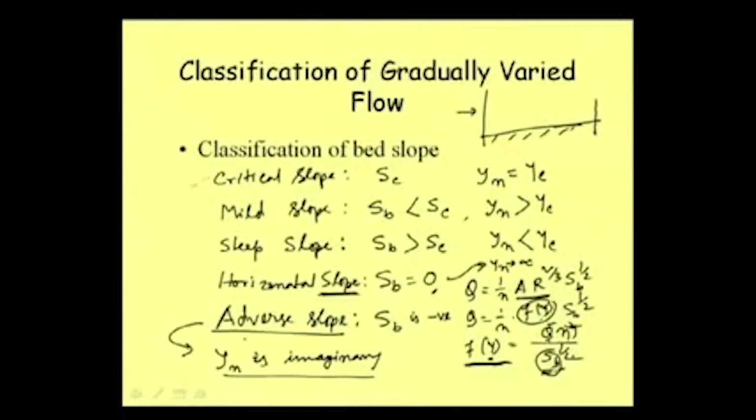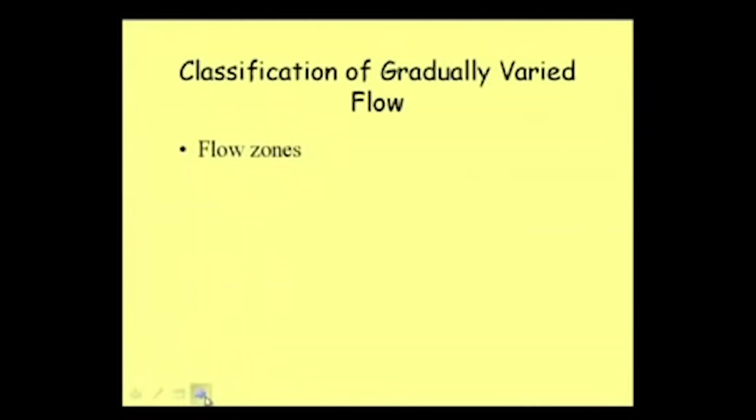Well, now with this basic understanding of different types of bed slope, we need to go for another classification. Before going to classification of gradually varied flow, we need to divide the flow zone into some specific zones.